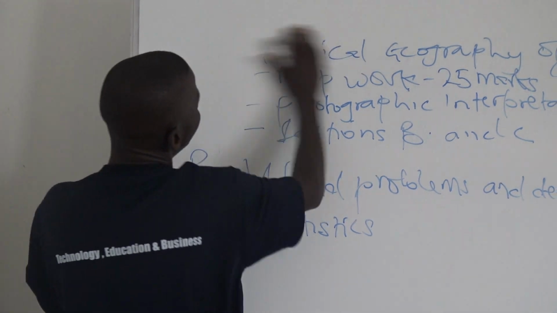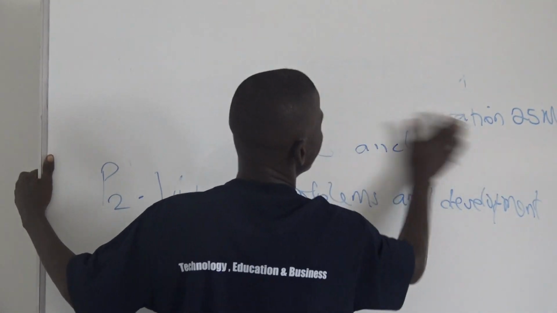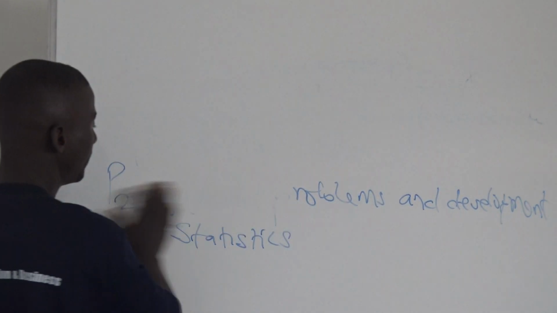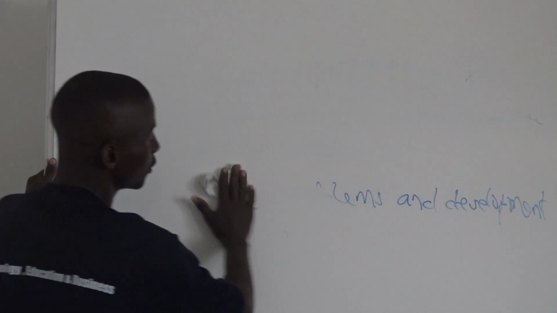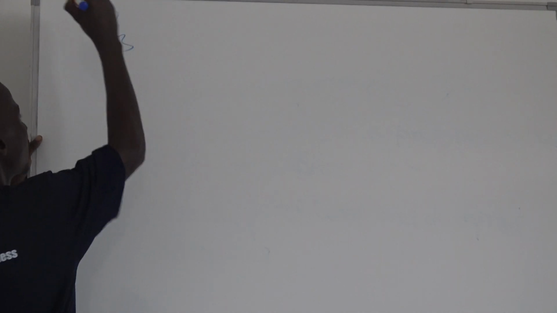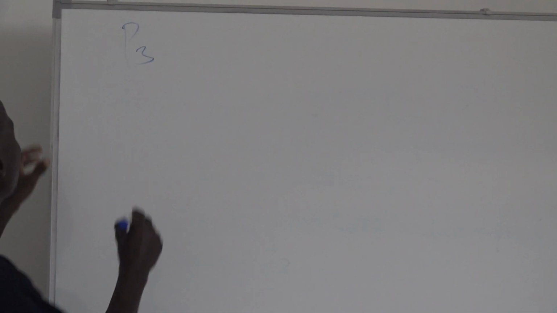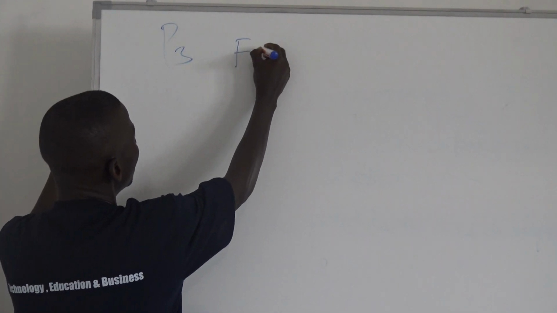Then it has the third paper, which is paper 3. Paper 3 is also referred to as the geography of Uganda. This paper only talks about the geography of Uganda. Paper 3 has one compulsory number, that is field work.